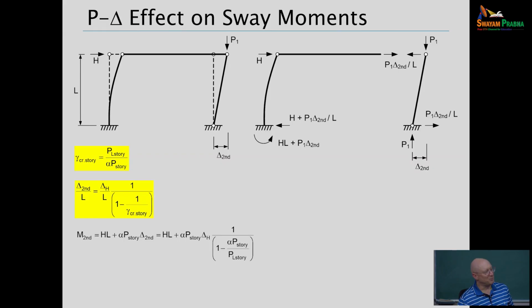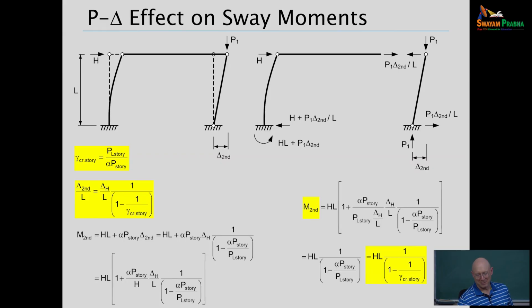And at this point, we're going to do a lot of algebra again. Just algebraic manipulation. And what do you know? M second works the same way for the frame that we have here. We end up with OHL, that's the first order sidesway moment. And well, what's the second order sidesway moment? You hit it with the same amplifier, same sidesway amplifier. All right, that's the simple case.